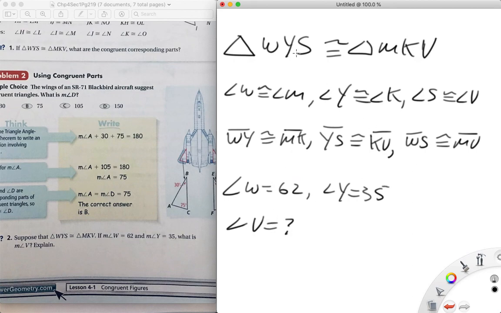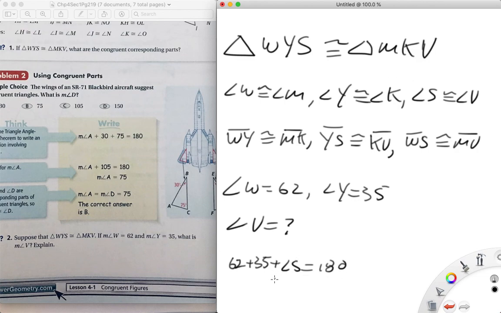Angle V corresponds to angle S. So I can use the triangle sum theorem to find out what the third angle is, because this is triangle W, Y, and S. Since this is a triangle, the angles add up to 180. So 62 plus 35 plus, in this case, angle S, because this is part of that triangle, is equal to 180.